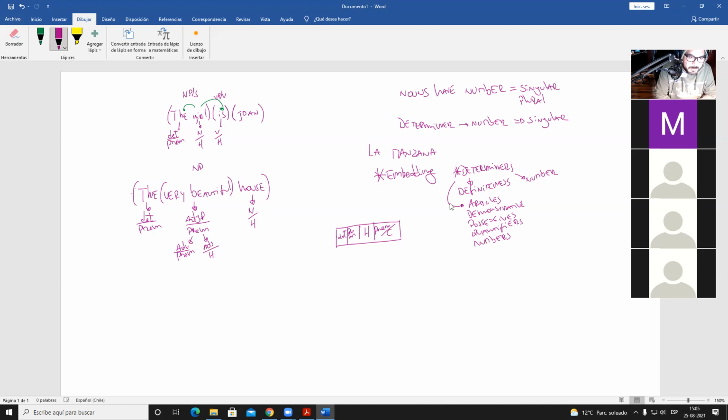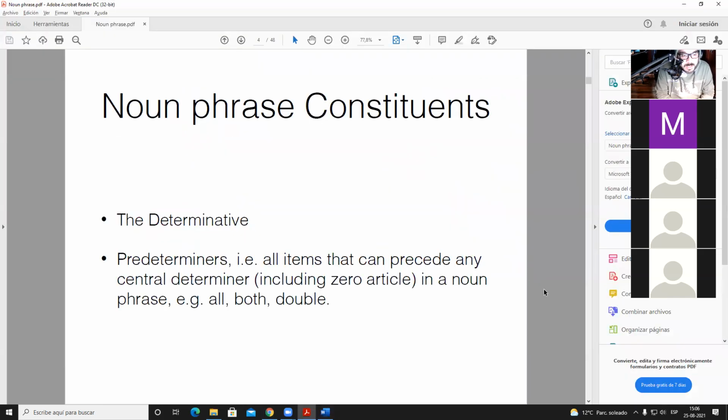Apart from that, determiners can be subdivided into at least three groups: predeterminers, central determiners, and post determiners. Predeterminers, that is to say, all items that can precede any central determiner, including zero article in a noun phrase. For example, all, both, double.